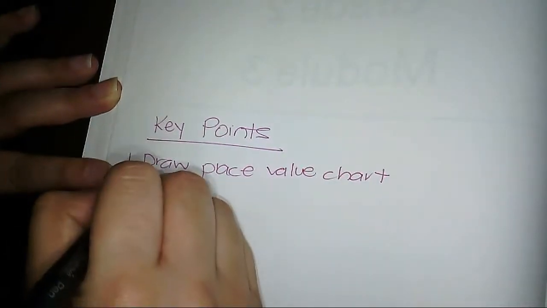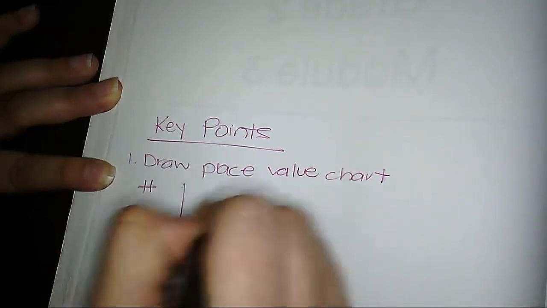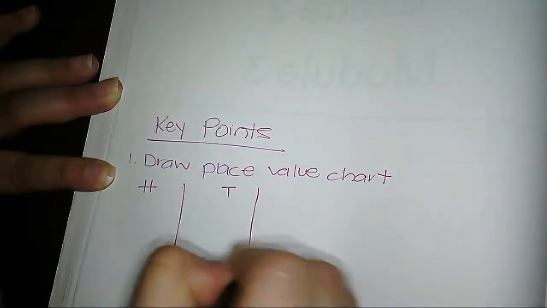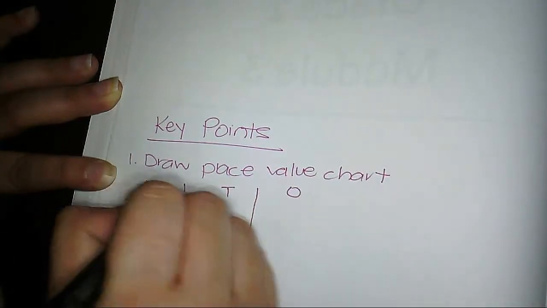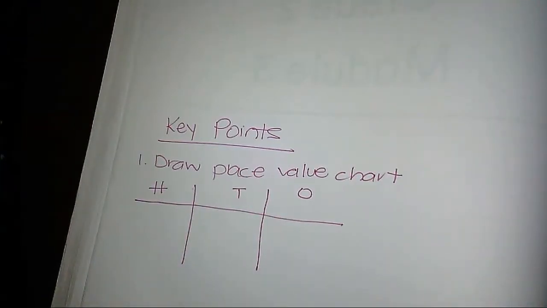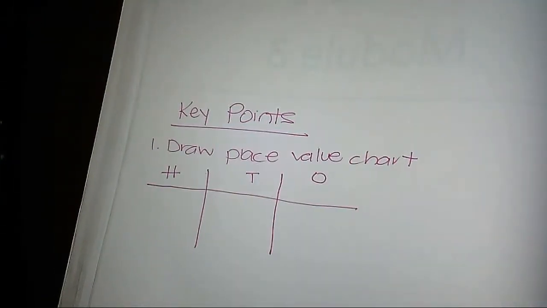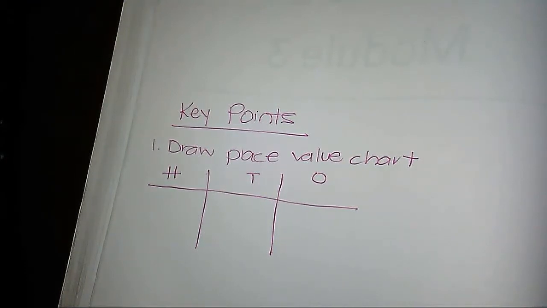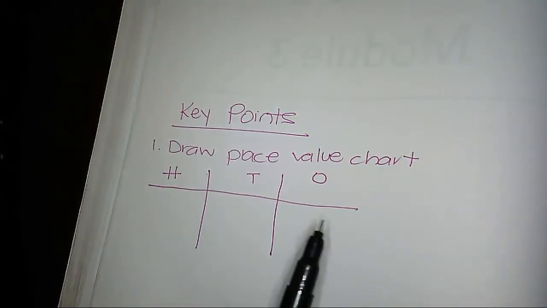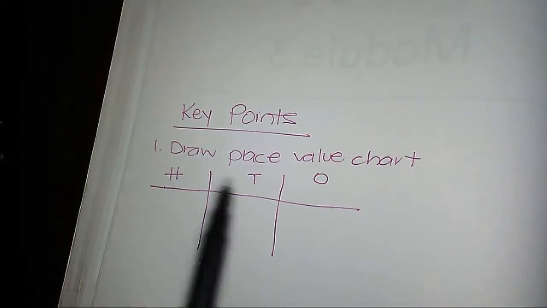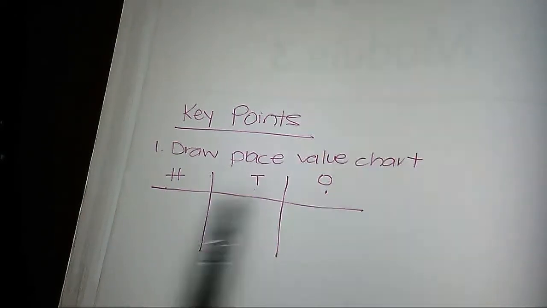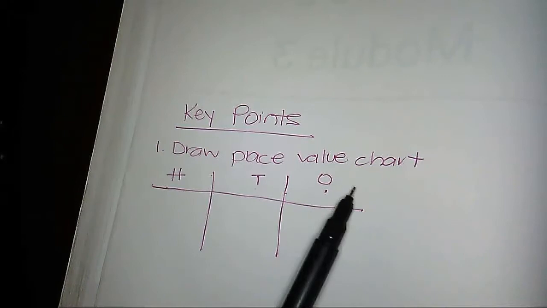And what I do, I write H for hundreds, T for tens, and O for ones. I draw the place value chart, boys and girls. That's the first key point. Now I'm going to tell you a little secret so you can remember how to write the place value chart. You can say hot taco ole. That means hundreds, tens, ones.